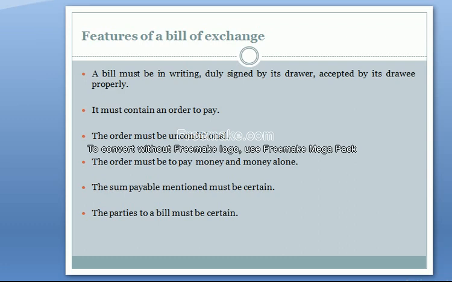This will also be unconditional, no conditions will be mentioned in the bill of exchange. To make it an instrument of value, the drawee must accept this bill of exchange.